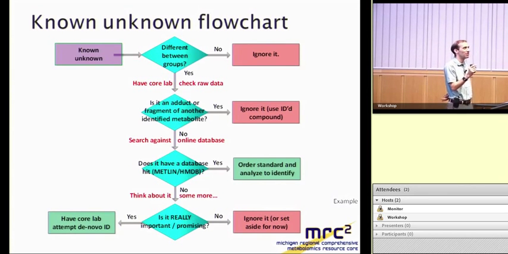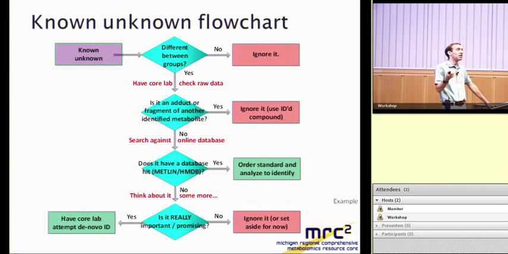If you get a single compound or maybe a couple of compounds that look like promising putative matches for this compound, then the next step, if you really want to confirm it, is to order the standard or have the core lab order the standard, run it on the same method or a different method, and confirm that it shows up at the same point in the chromatogram, that everything else looks the same as what it did in your sample, and then you have a confirmed identity that you can be confident in.